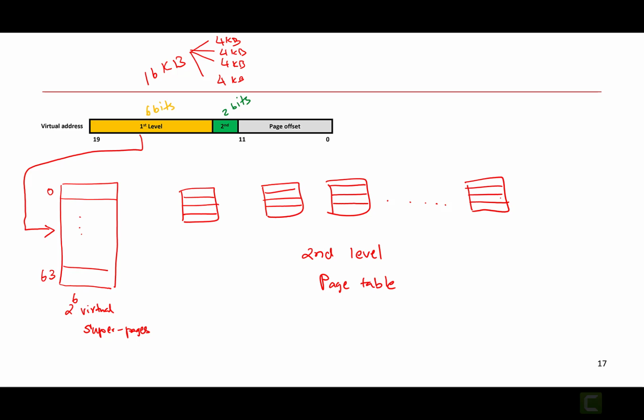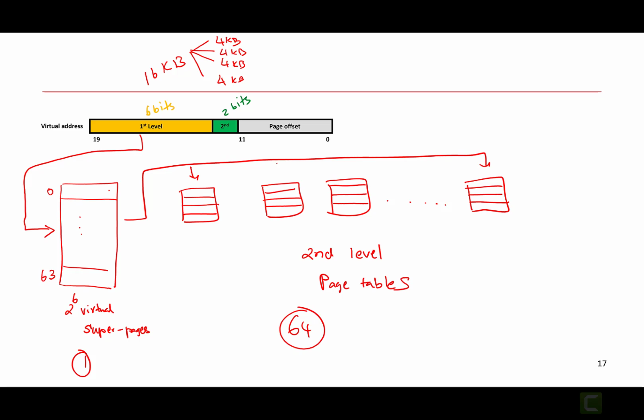Okay, and like we said, we have 64 of these second level page tables. We have only one of this super page table. Now the way that I would select one of these 64 page tables is through the address here, right? So the address that you get from the super page table is the one that will be used to access one of these second level page tables.